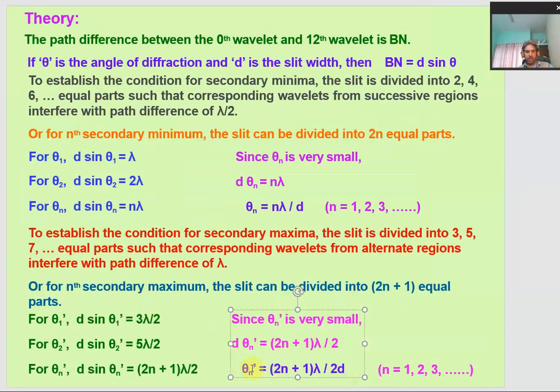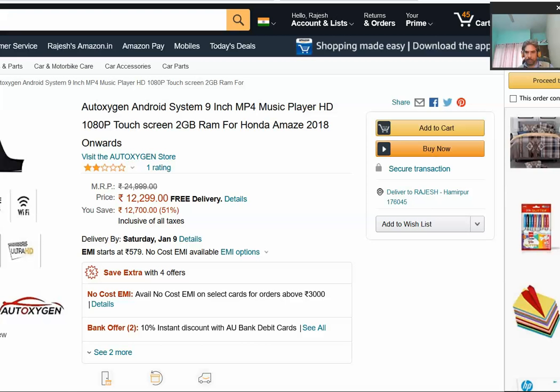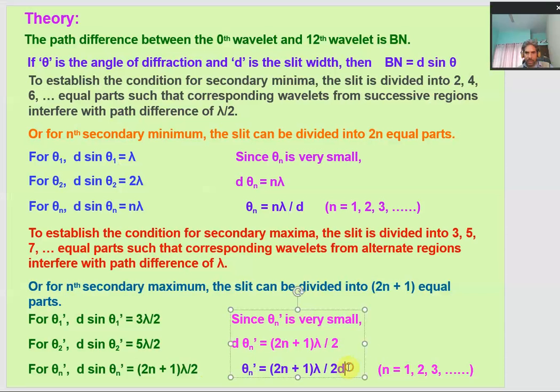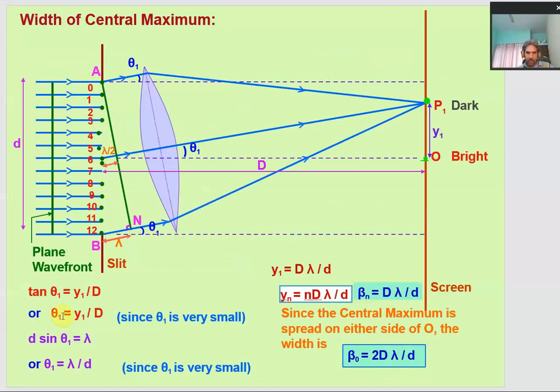So in the general expression, by using the value of theta n from here, we can substitute it here because angles remain quite small. So from there we can calculate y n dash, the positions of the bright fringes, which will be equal to 2n plus 1 into d lambda upon 2d. It will be 2d here, right?